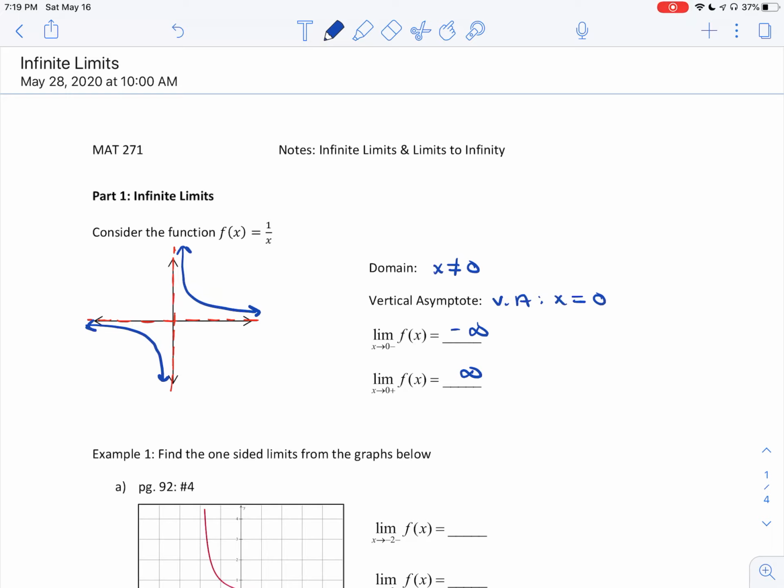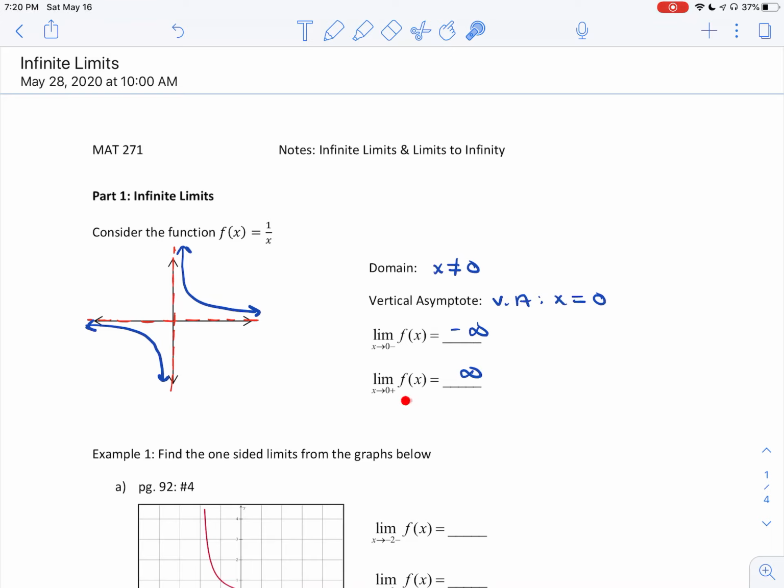Now, you may recall that when we saw things like this in the past, I told you that when our function approaches positive or negative infinity, the limit does not exist. Now, that's true, but in this section, we're going to be looking at more specifically describing how or why those limits don't exist. So here, for example, think of this as saying the limit as x approaches 0 from the left of f of x does not exist because f of x approaches negative infinity.